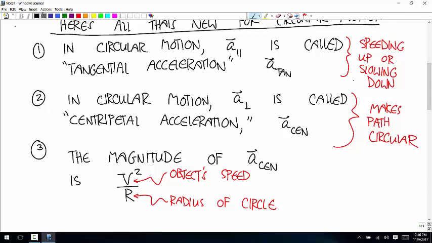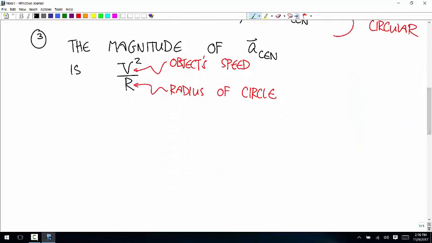And so let me go through a set of steps. These are the general steps for circular motion problems.